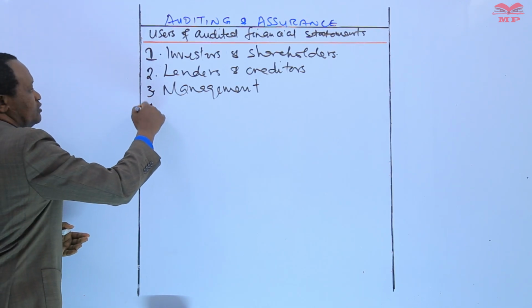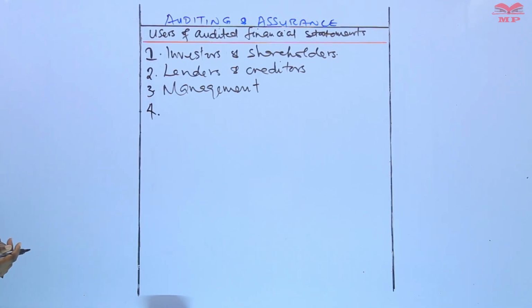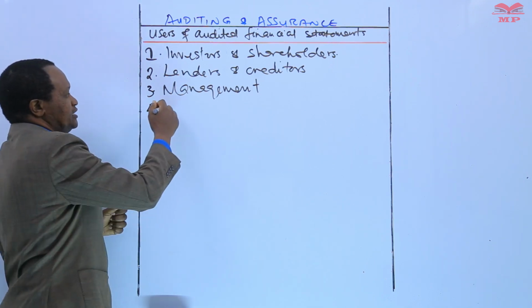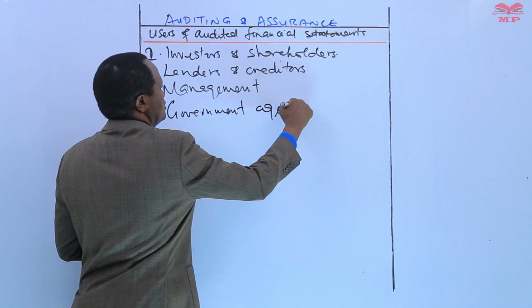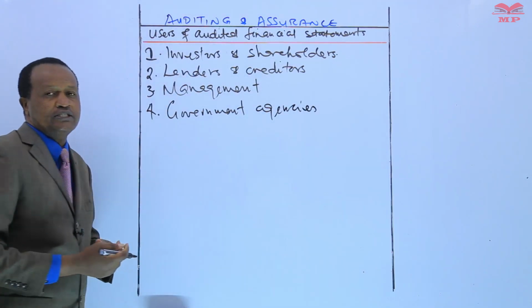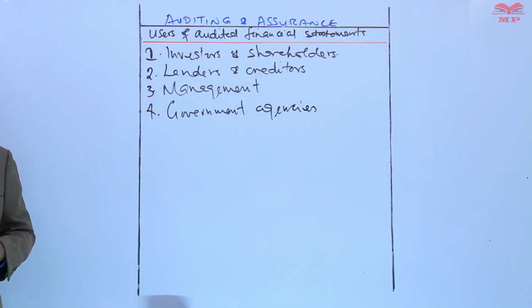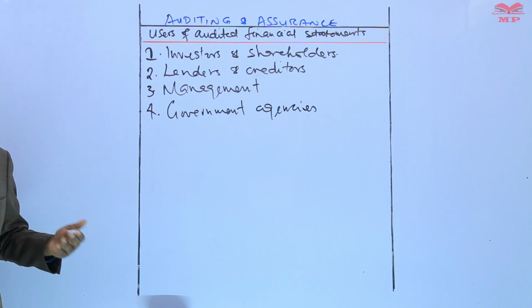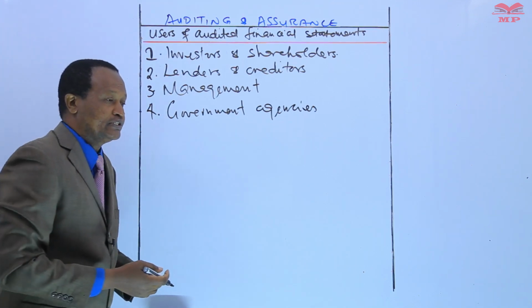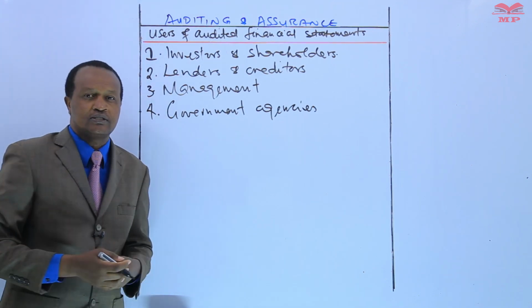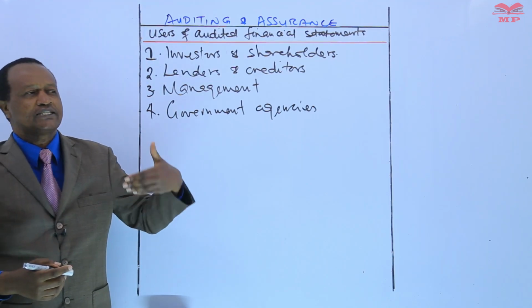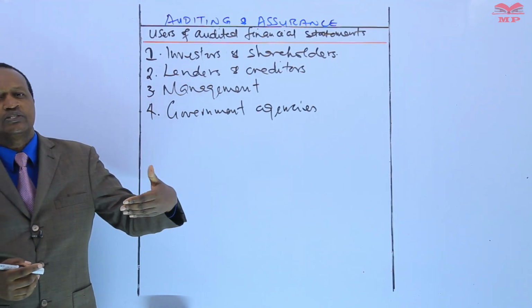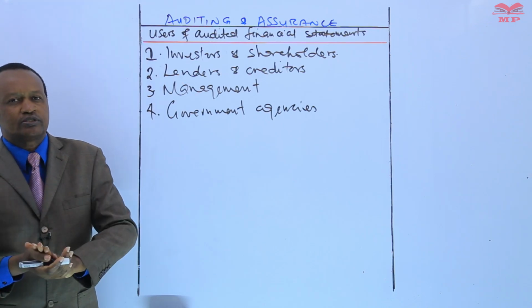The fourth user is government agencies. Government agencies include tax authorities who use audited financial statements to assess a company's tax liability and ensure compliance with tax laws.